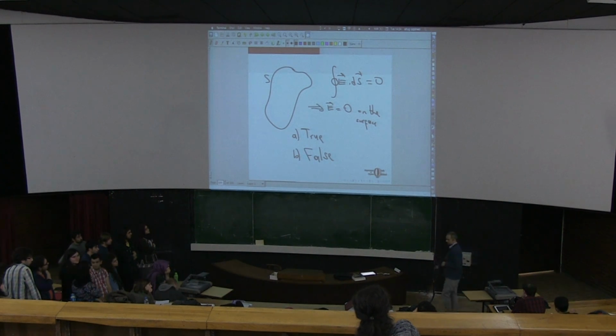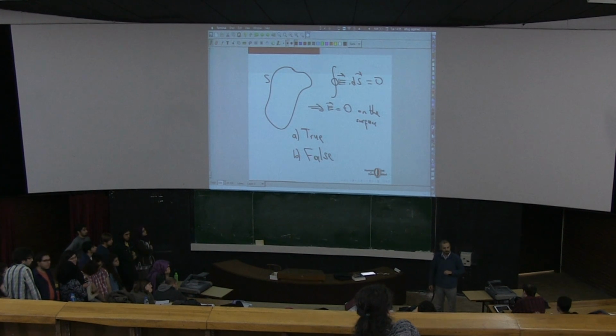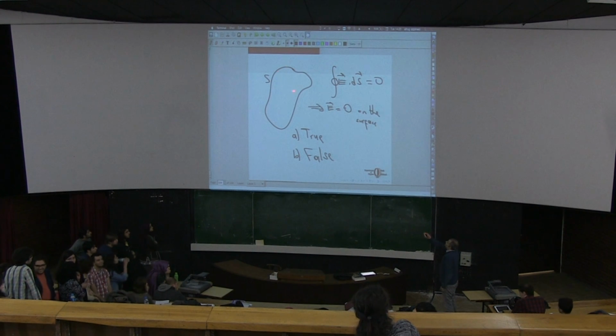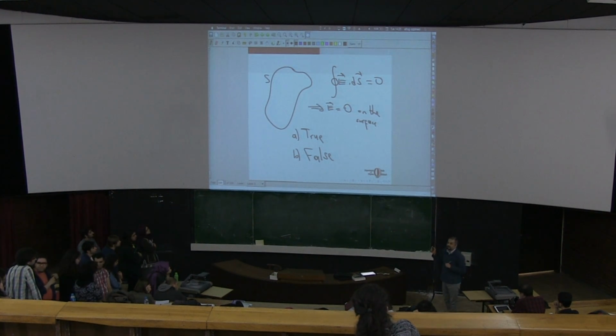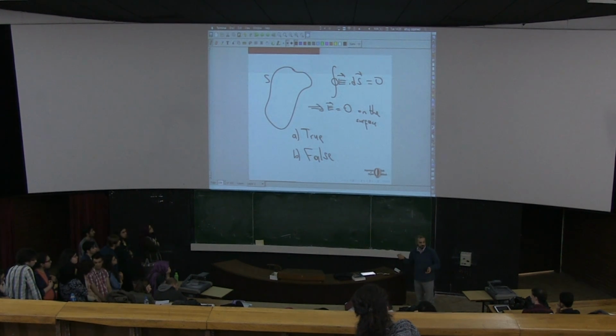So he's saying that we have E dot ds, which is the product of the magnitude of the electric field times the magnitude of this area element times the cosine theta. ds is not zero. If cosine theta is not zero, then the only option is that E should be zero. So that's his claim. Okay.